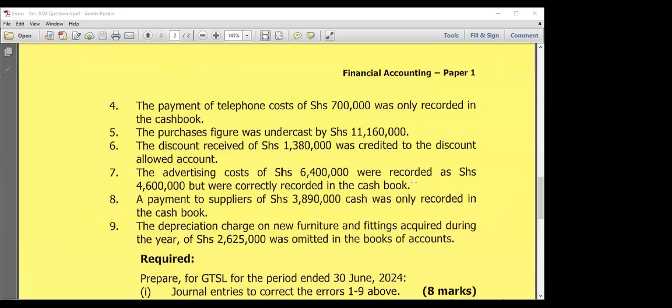So cash book didn't have a problem. We credited cash book rightfully, but debited advertising costs with a lesser amount. That error will affect your trial balance.